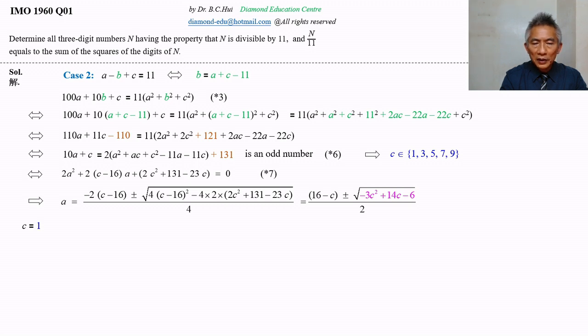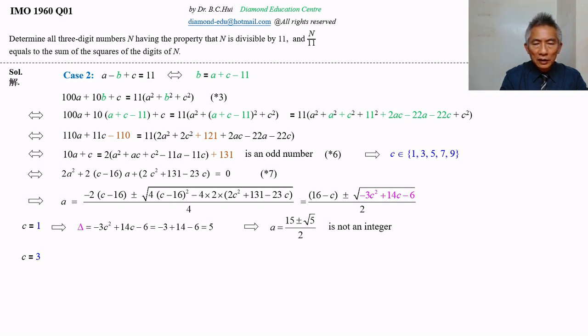There are a few possibilities. Let's see what happens when c equals 1. The discriminant becomes 5. However, a equals 15 plus or minus square root of 5 over 2 is not an integer. So this should be rejected.